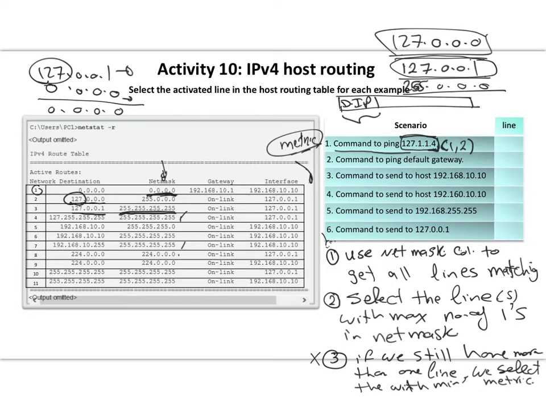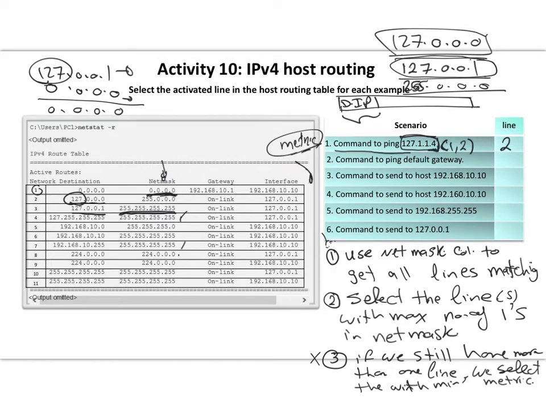Of course not. So in that case, line 3 does not match. Is that clear? So if we have 2 lines, we look at the network mask for these 2 lines, and we select the one with the maximum number of ones, which in that case is line 2.